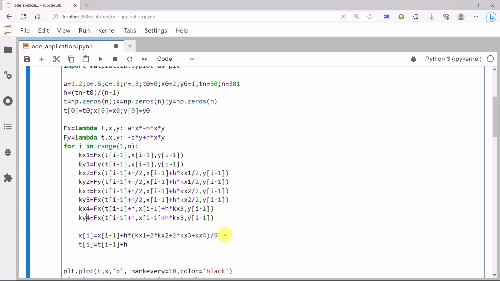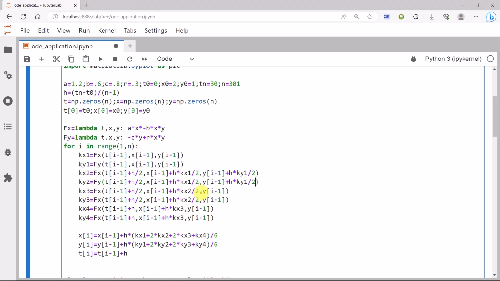Now just like x, here I have y, but I have to write it properly, because the increment here is h plus kx1. With y the increment will be h plus ky1. Here the increment is kx1 by 2 and this ky1 by 2 will come as the increment.